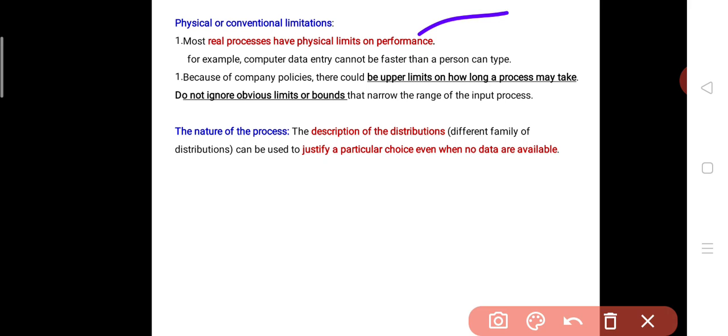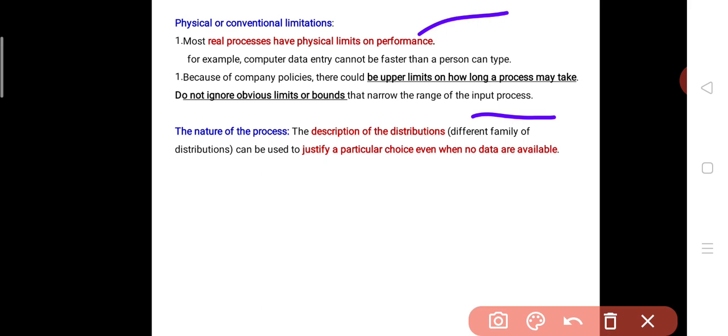Because of company policies, there could also be upper limits on how long a process may take. Do not ignore obvious limits or bounds that narrow the range of the input process. Sometimes these upper limits will decide the input process and give information about its properties. Referring to such data, we can find some initial values.